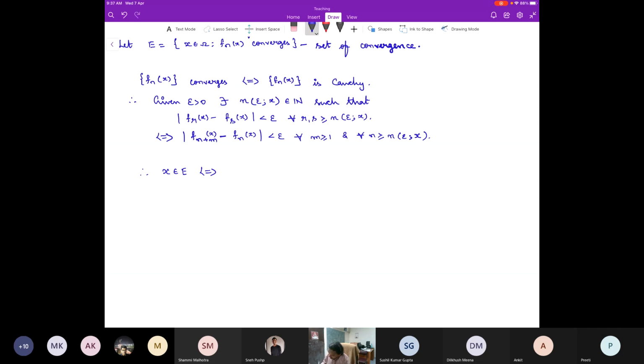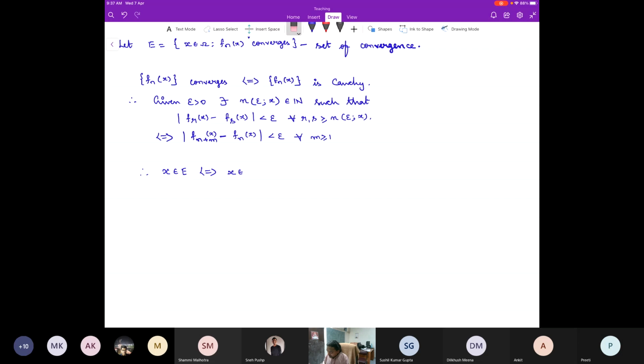Well, you don't need this for all n also. Even for m greater than or equal to 1, that much is actually enough. After some stage, it should be very small. That's the whole idea.